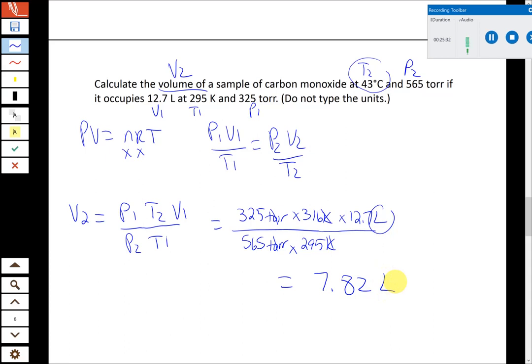Let me double check that, just because there's a lot of numbers there and I might have messed something up. Yep, so the numbers work out as long as I put the right things in. So P1, P2, T2, T1, V1, good. Okay, so this should be the right number.